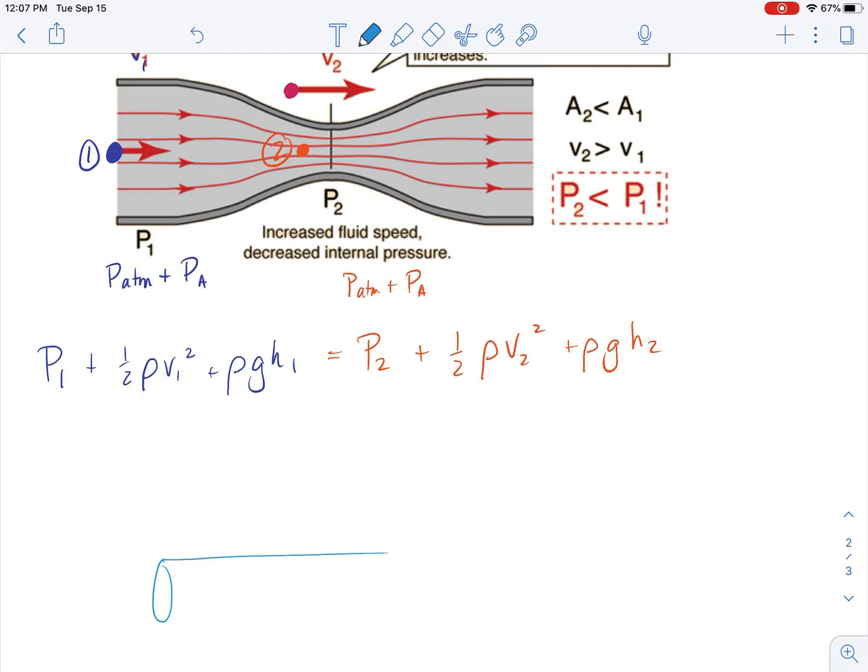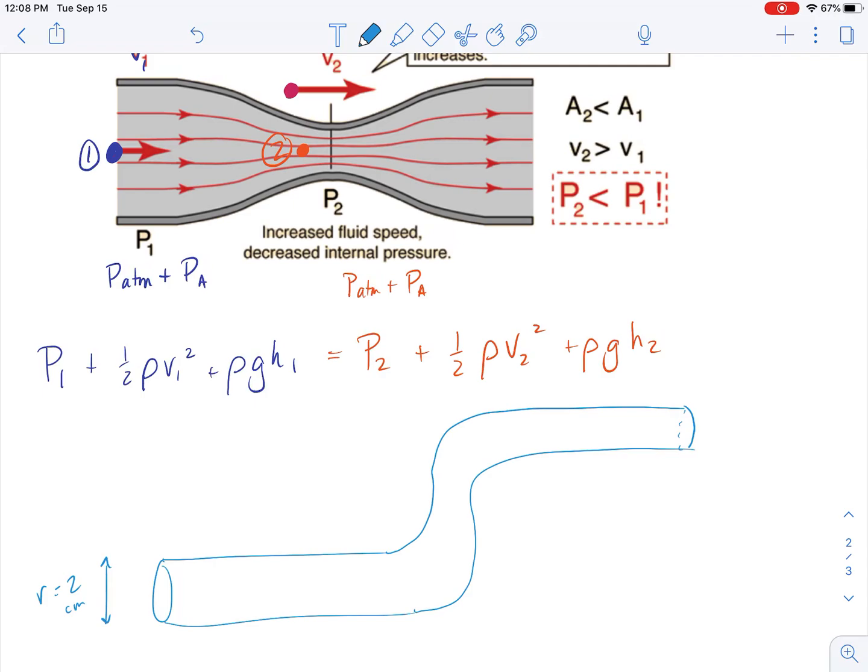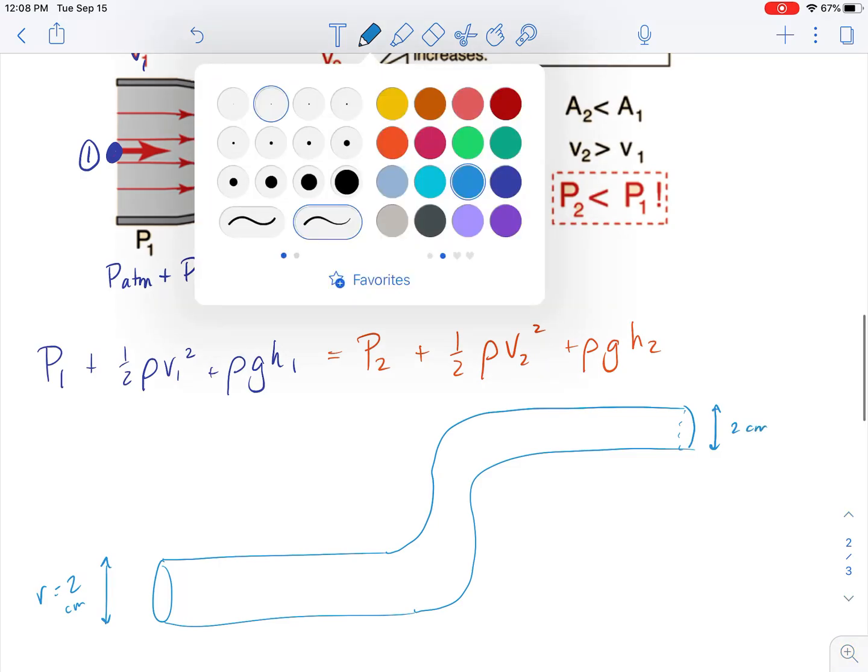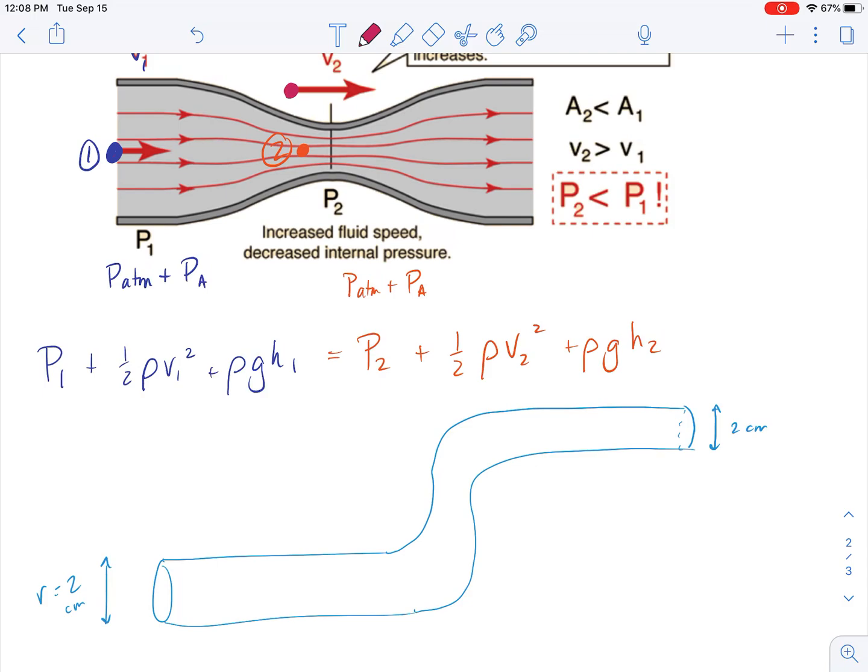So let's suppose I've got a pipe, and the pipe has a radius of 2 centimeters. And this is actually kind of a plumbing thing in your house. The plumbing, if you have more than one floor, is going upstairs and downstairs. Let's say the radius is still 2 centimeters, but let's say that the height changed.